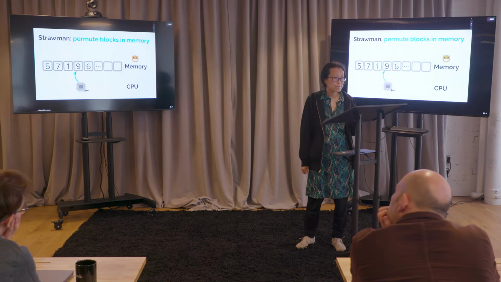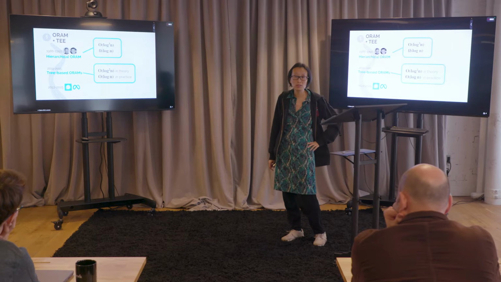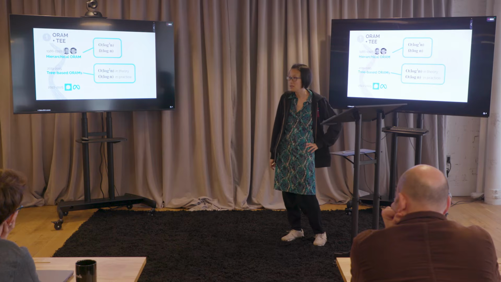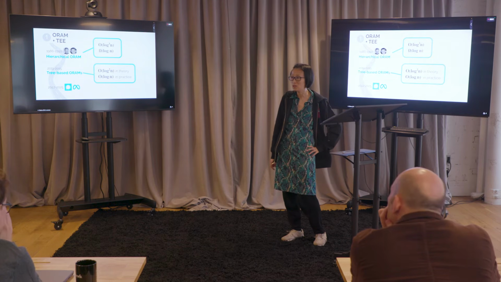The log squared is tight, at least in theory, right? Log n is tight. Oh, I see. There are works that get log n even in theory; we have a paper that gets log n. But as of today, the practically optimal scheme and the theoretically optimal scheme are not the same.